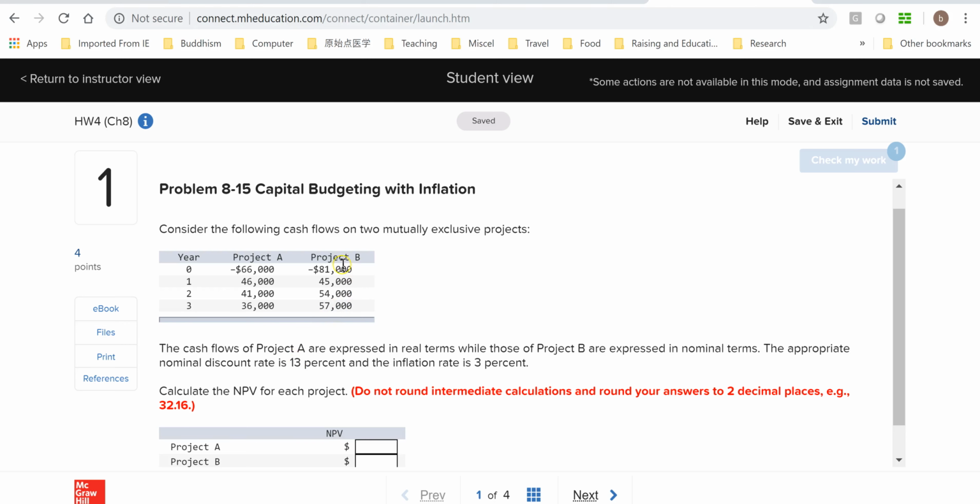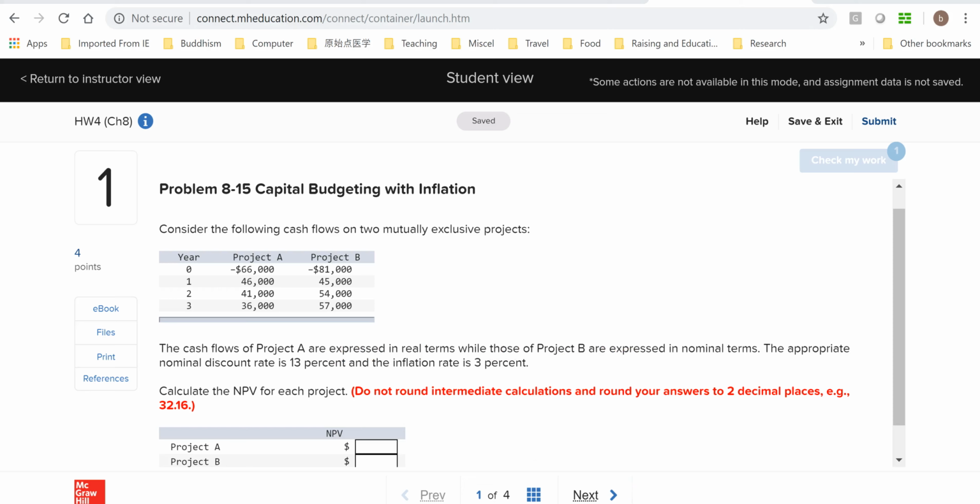The cash flows for project B are in nominal terms, according to the setup here. And the nominal discount rate is already given, so we can directly discount these cash flows at the nominal discount rate. And then we can figure out the NPV for both projects. So that's the methodology to solve this problem.